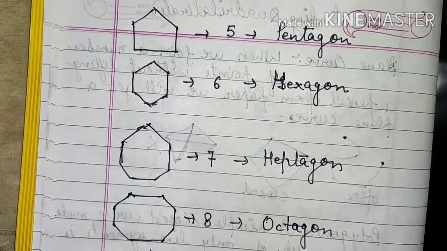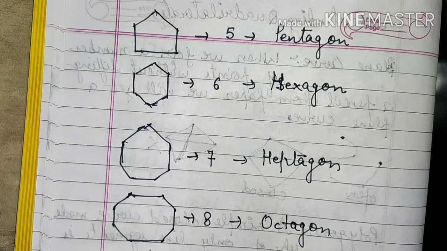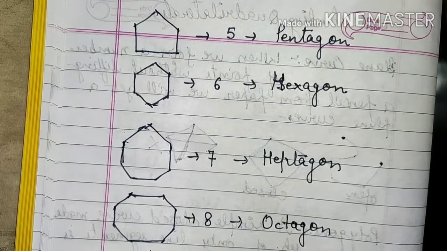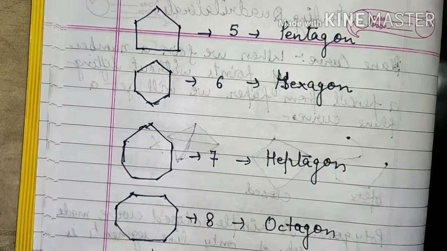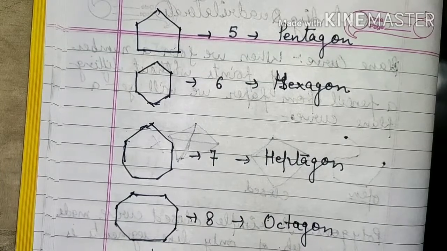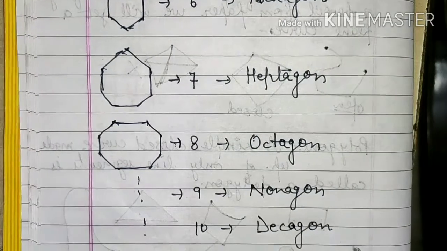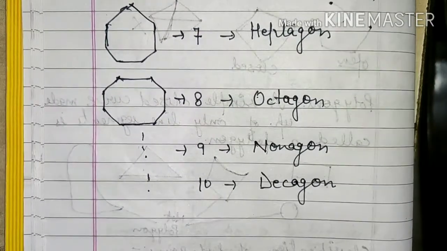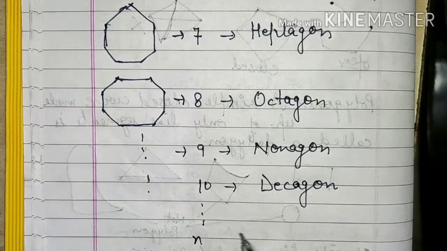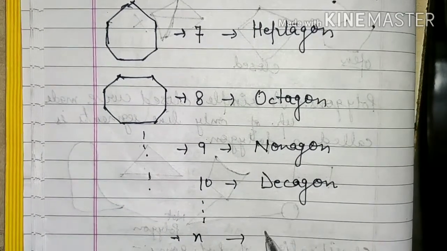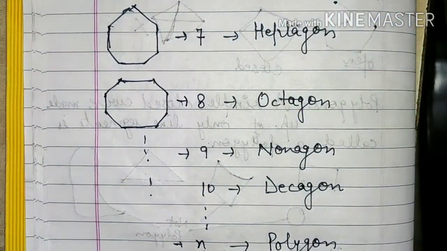If we are talking about 9 sides, it is a nonagon, and if we are talking about 10 sides, it is a decagon. And if we are not aware of the number, we can say n sides, and these are all known as polygons.